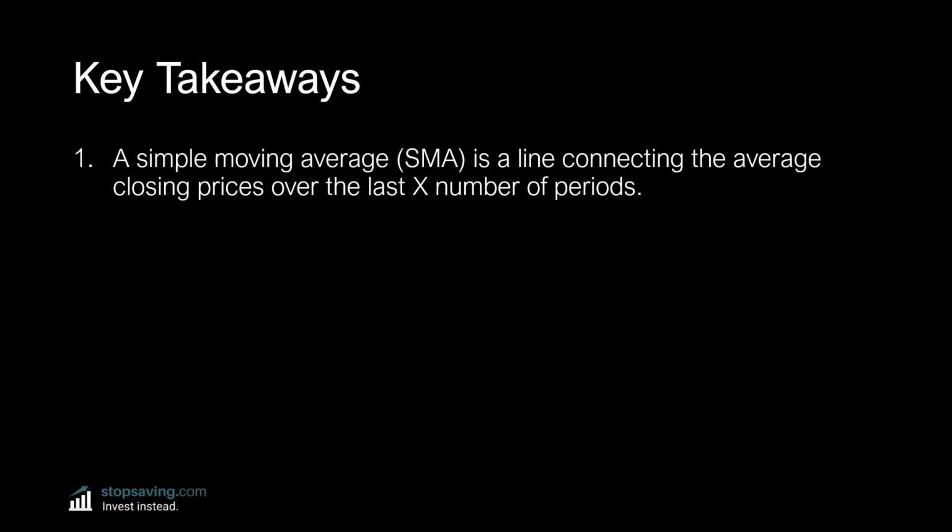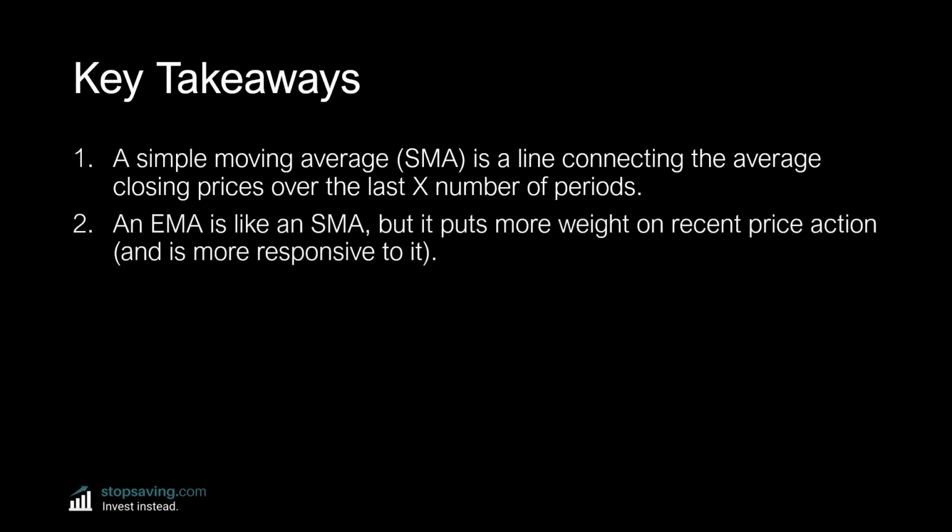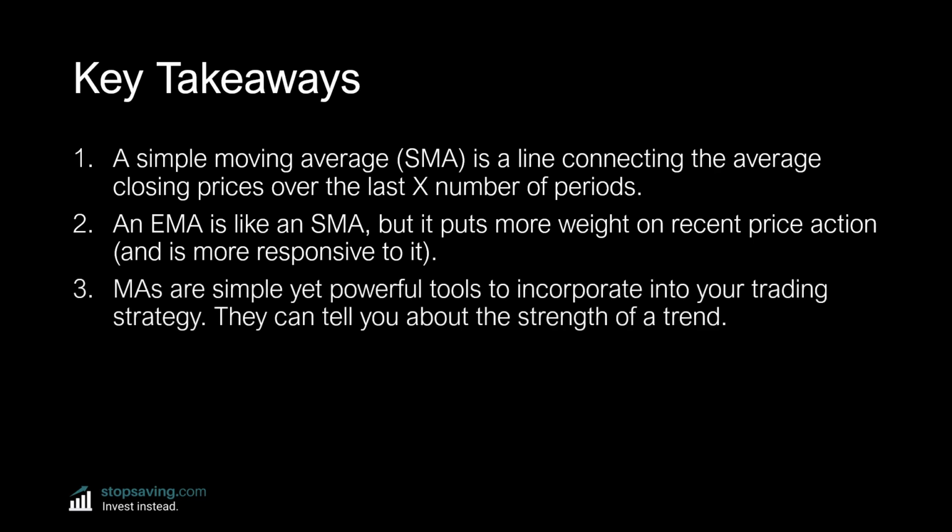So that's it for moving averages, and here are the key takeaways. Number 1, a simple moving average, or SMA, is a line connecting the average closing prices over the last X number of periods. Those periods can be hours, days, weeks, or even months. 2, an EMA is like an SMA, but it puts more weight on more recent price action and is more responsive to it. 3, moving averages are simple yet powerful tools to incorporate into your trading strategy, and that's because they can tell you about the strength of a trend.